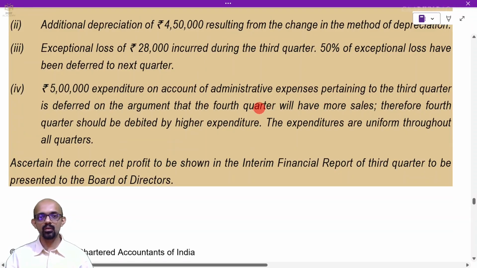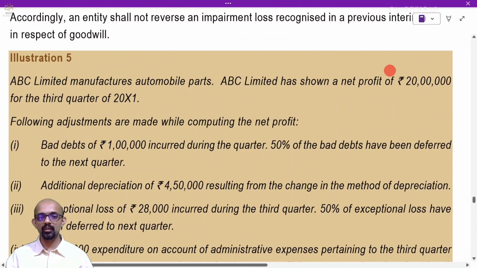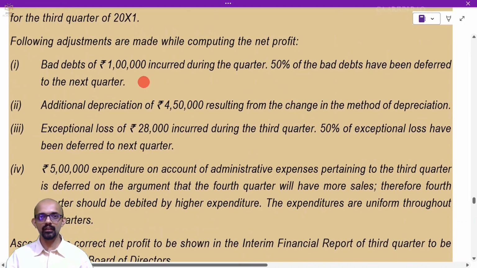So, for the third quarter we take this net profit and then we adjust all these expenses that have been deferred. We reduce them because they have to be recognized in that same quarter to calculate the correct net profit. So, depreciation resulting from change in method of depreciation, that also is not to be deferred. Whenever you are changing the method, in that period you record that additional depreciation, right? So, there is no adjustment to be done there.